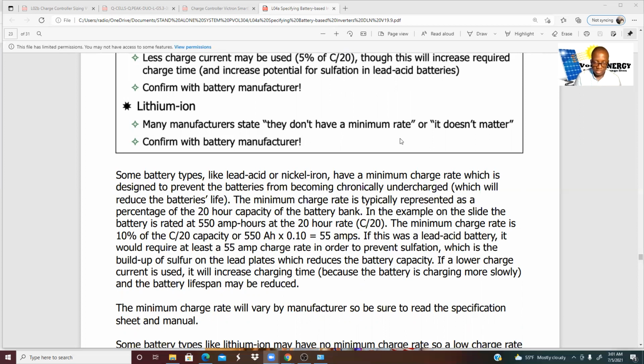If this was a lead acid battery, it will require at least a 55 amp charging rate in order to prevent sulfation, which is the build-up of sulfate on the lead plate, which reduces the battery capacity. If a lower charge current is used, it would increase the charging time because the battery is charging more slowly, and the battery lifespan may reduce.